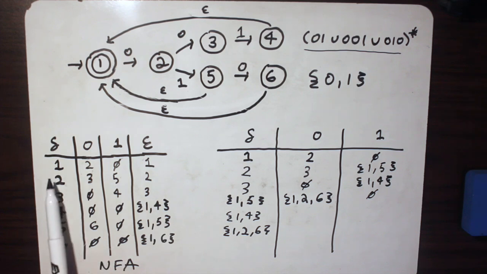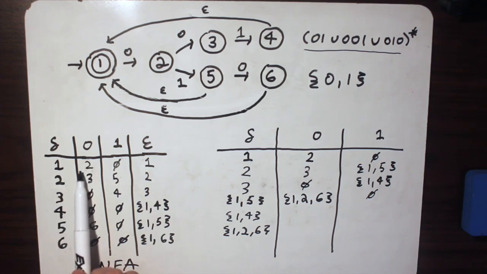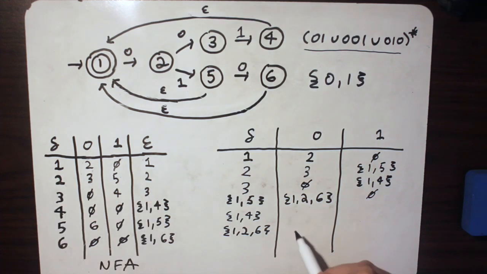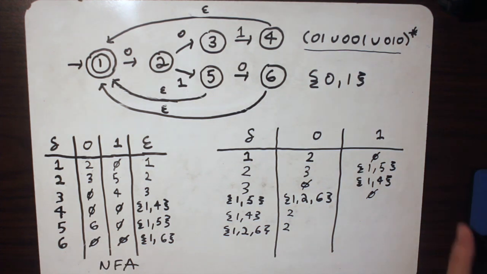Okay, so now on a 1, with this state on an input of 0, we can go to state 2. I'm just going to fill it out right here too. And then for 4, on an input of 0, empty set, so we can just leave this 2 by itself. And then let's see what happens on an input of 1.